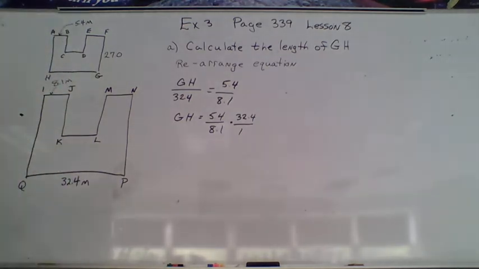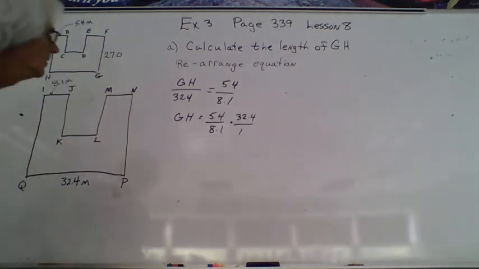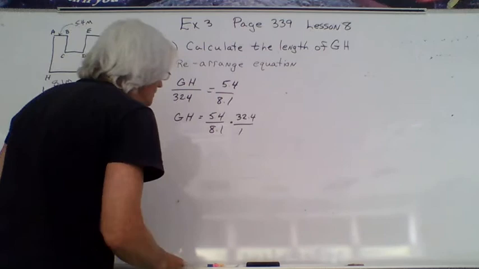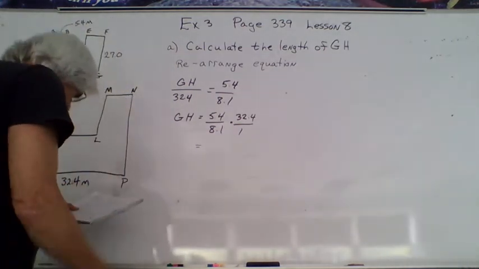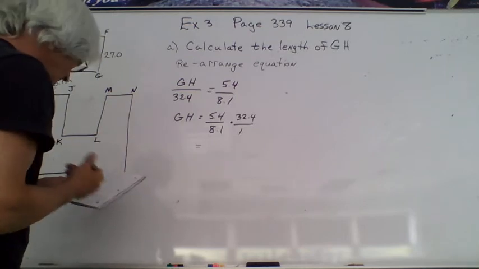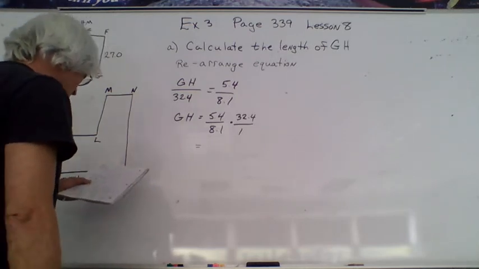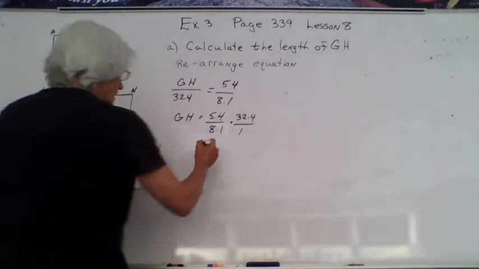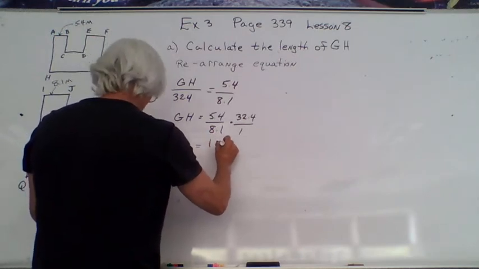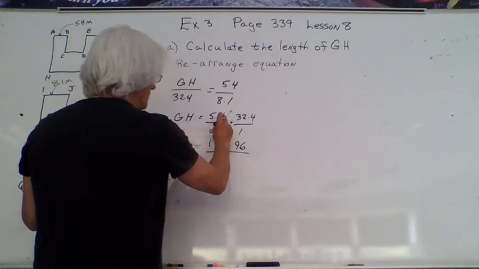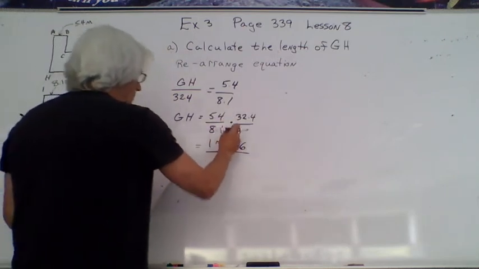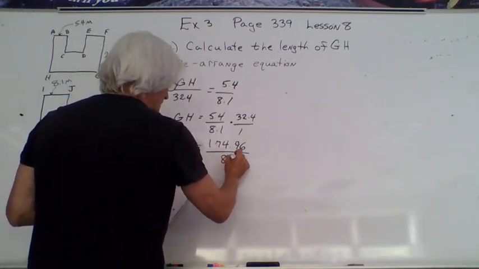Now we know from multiplying fractions, all we do is multiply our numerators, multiply our denominators. So I did that. And when I take my 5.4 times 32.4, I got 174.96. That's from multiplying these two. The 8.1 times 1 is obviously 8.1.